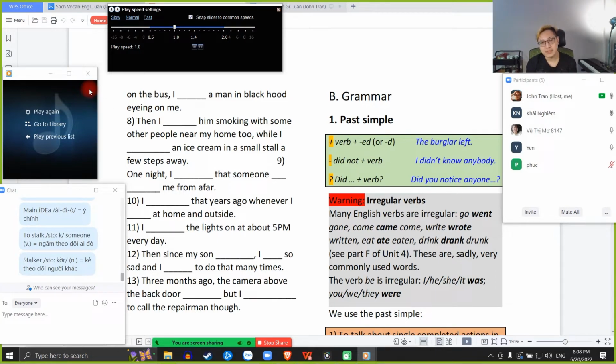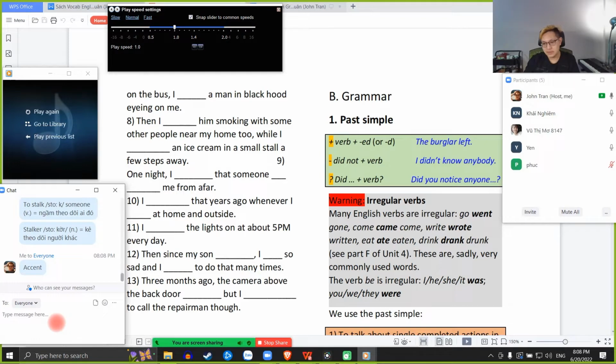Yeah. So basically, in real life, it's very hard to listen to native speakers from England, from the UK, from America, or from Australia. So normally you would hear a lot of different kinds of voices or different kinds of accents from different regions of the world.